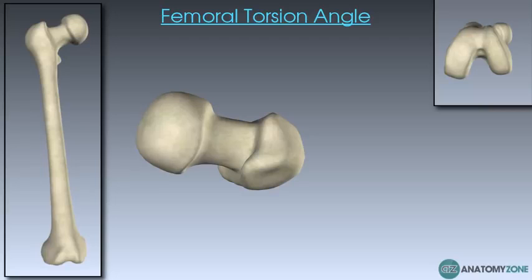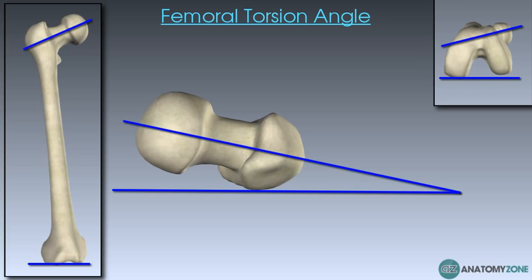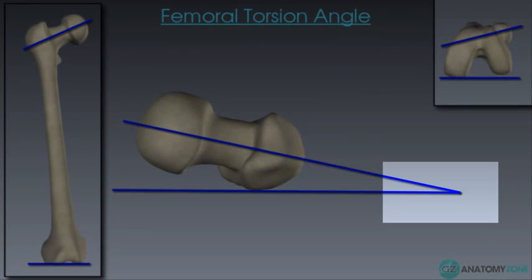So if you just take a look at the top right picture, you have to imagine as though the femur is lying flat on a table, and you take a line on the base of the table. So imagine where the table is, that's a line that's running on the base, and then you take another line that runs through the head and neck of femur, and where those two lines intersect you will get an angle.